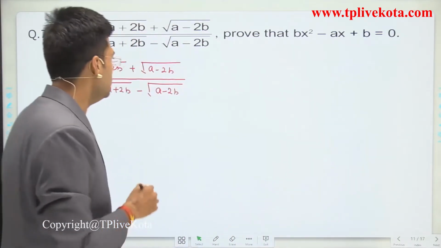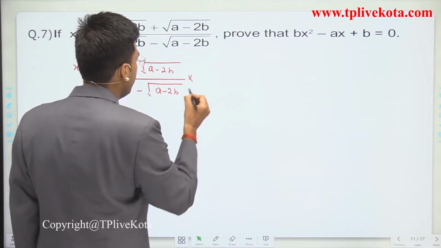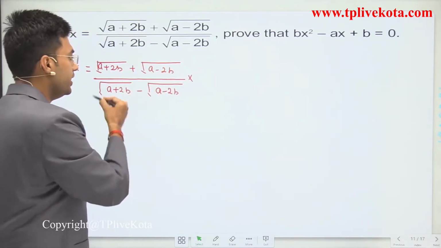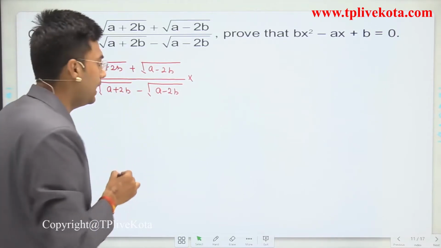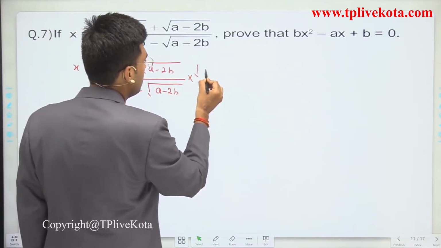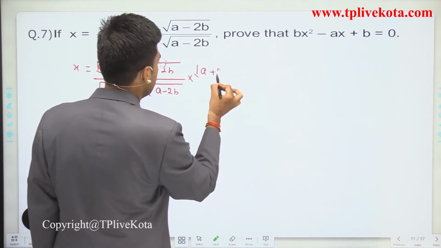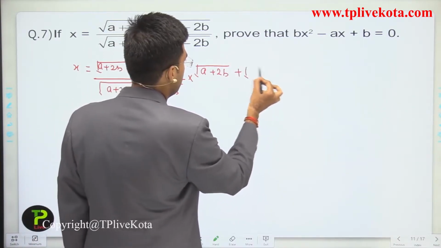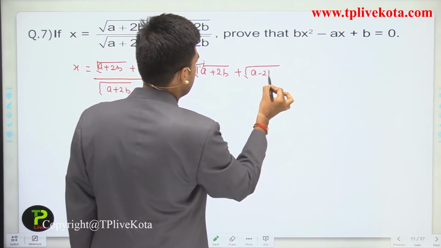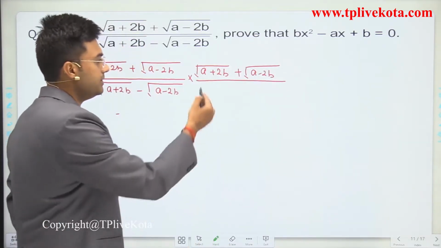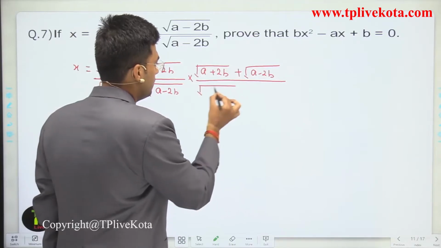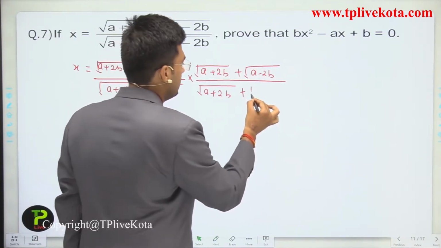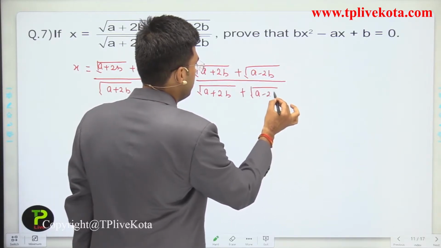So we have to multiply numerator and denominator by the conjugate of the denominator, and it is root a plus 2b plus root a minus 2b.